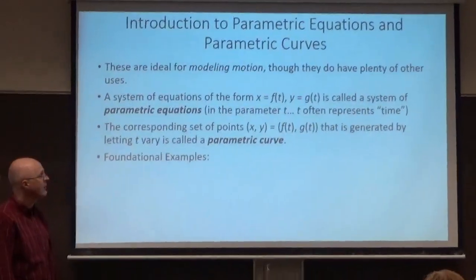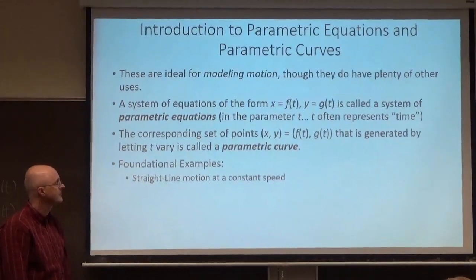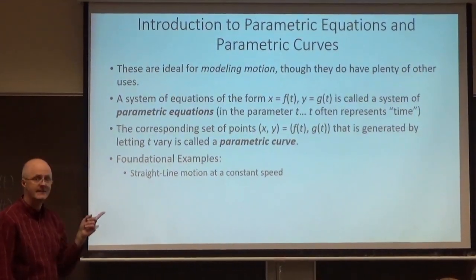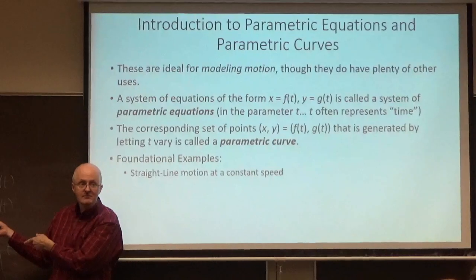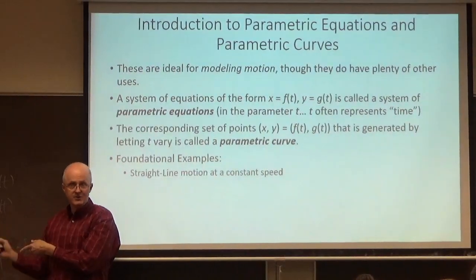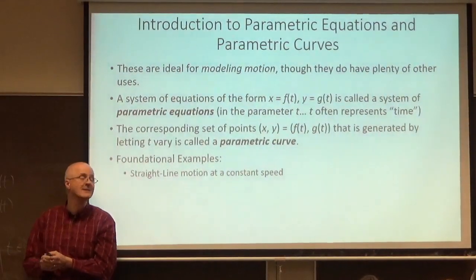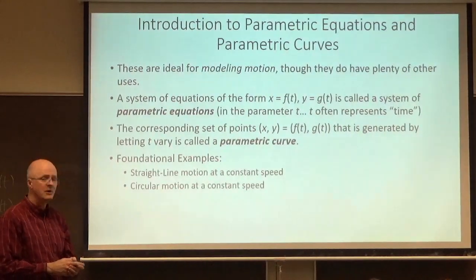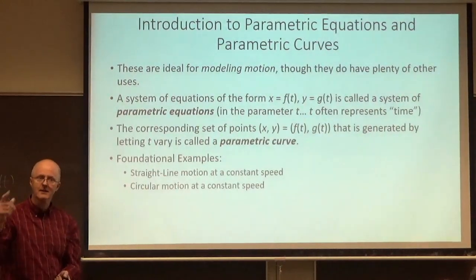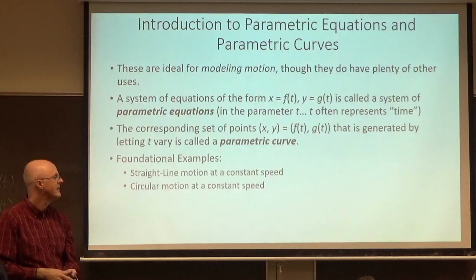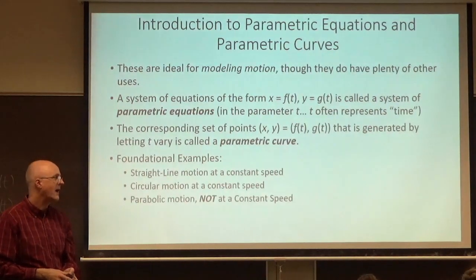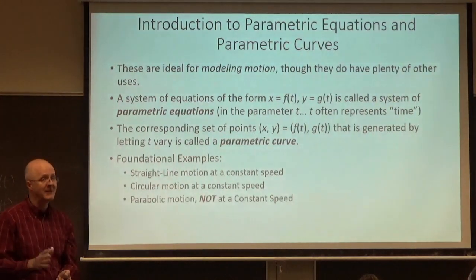On Friday, we want to consider some examples. Straight line motion at a constant speed, which is actually this example. That's motion along a straight line at a constant speed, in fact. Circular motion at a constant speed. Parabolic motion, though it will not be at a constant speed.